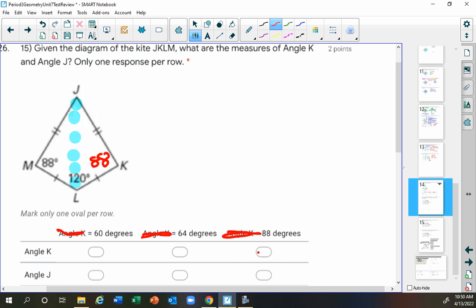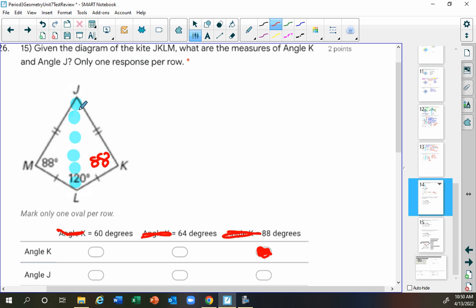So angle K right away. But beware. Angle J, you have to be careful, because a lot of people think, oh, this is 120, that means angle J is 60. That's not true.